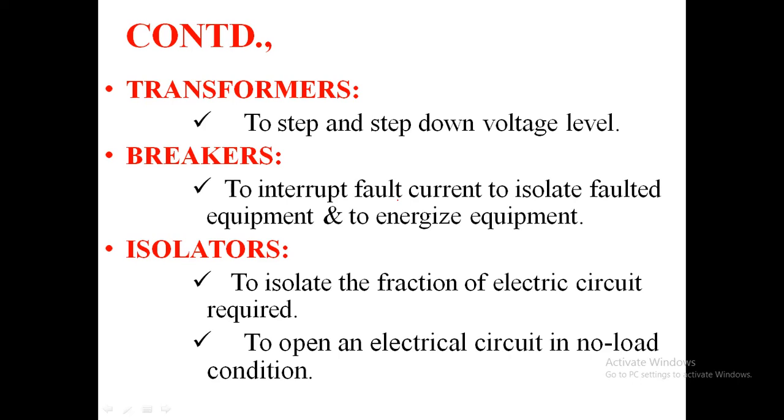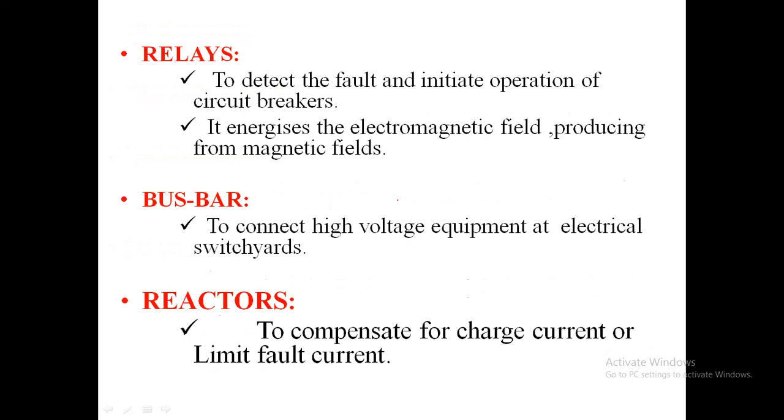Basic concepts: the transformer we all come across from BEEE. It is a static device to step up and step down the voltage level. Circuit breakers are mainly to interrupt fault current, to isolate faulted equipment and to energize the equipment. Next are isolators, mainly to isolate the required fraction of electrical circuits and also to open the circuit in no load condition.